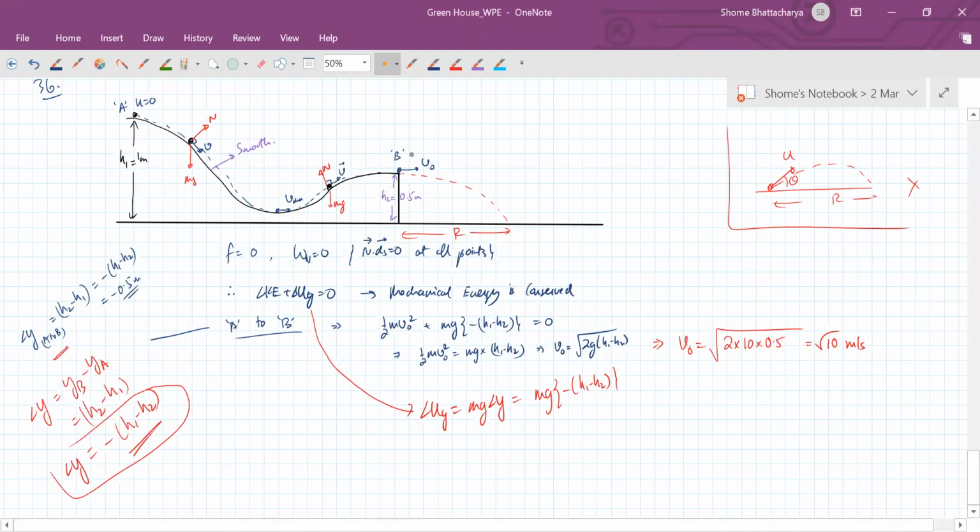We'll say that okay, let's say this starts at t equal to 0 from here, and it hits the ground at some time t. So half g t square should be equal to h2. This is the y component of displacement, and along the x-axis, R should be equal to that horizontal velocity v naught into time. So this is what we will use for the projectile motion part.